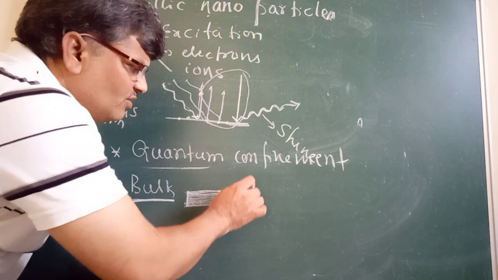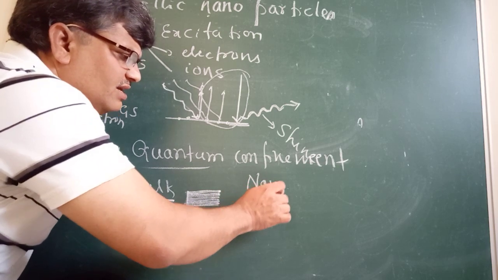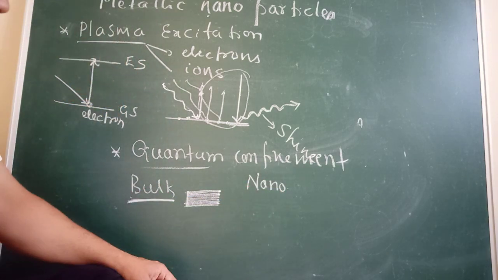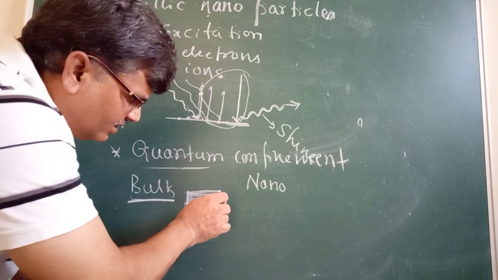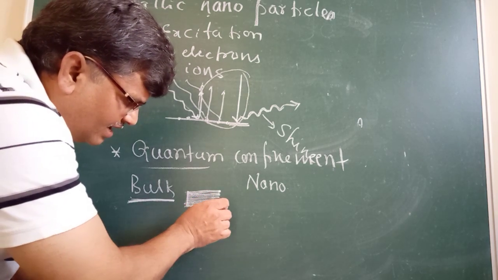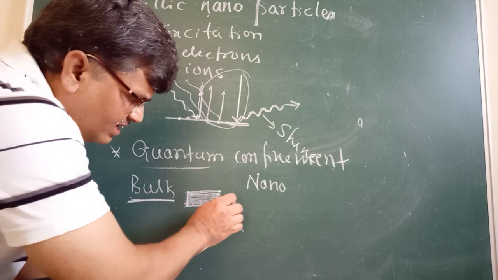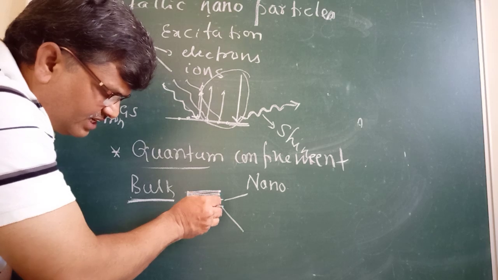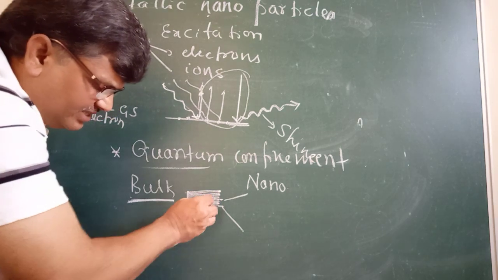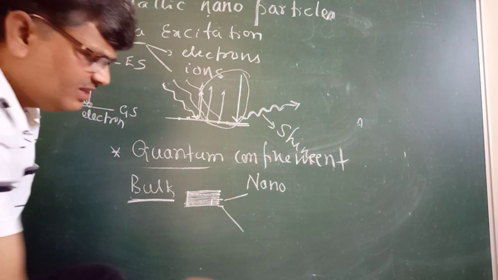In the case of nano, what happens? A fewer number of atoms are there. In a given band, consider a small interval of energy level. In bulk the density of energy levels is very high, and here it becomes lower.